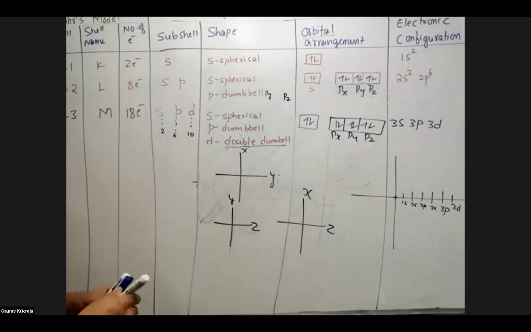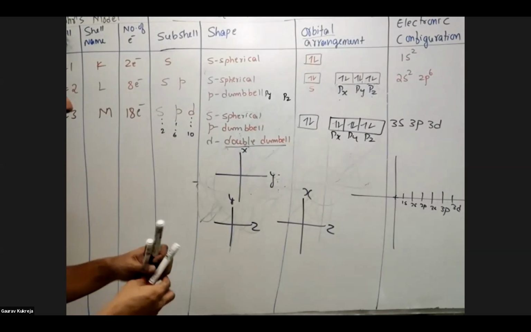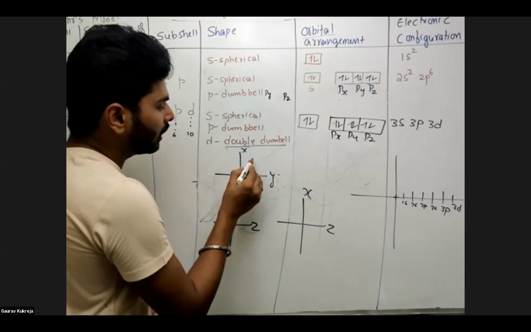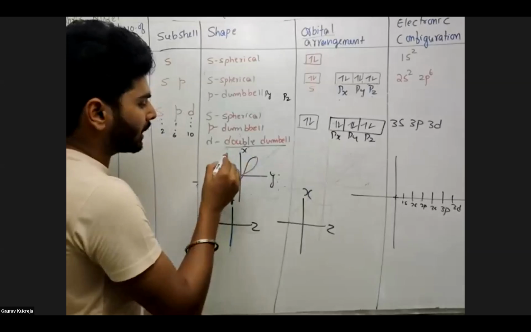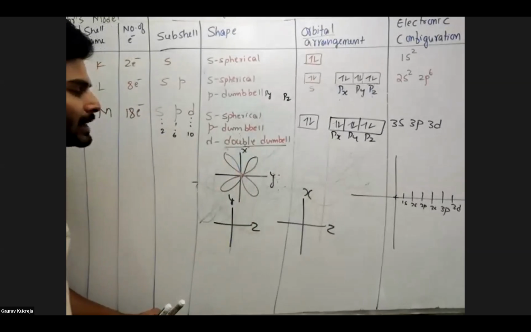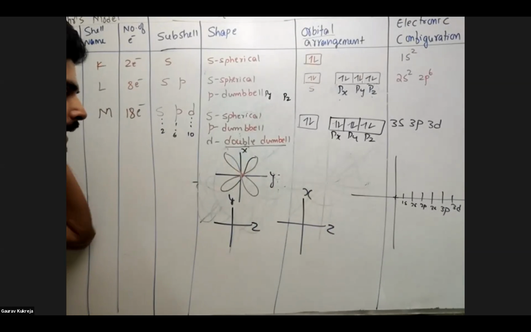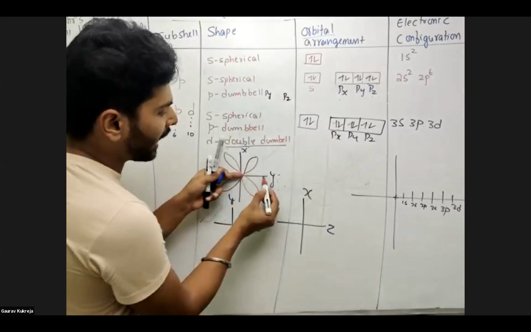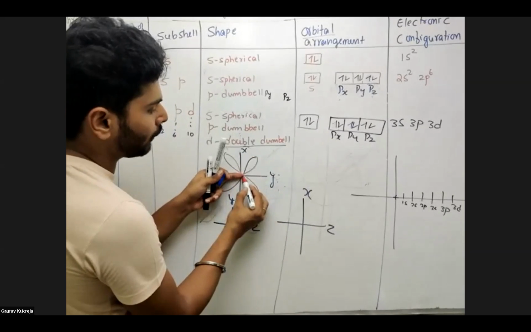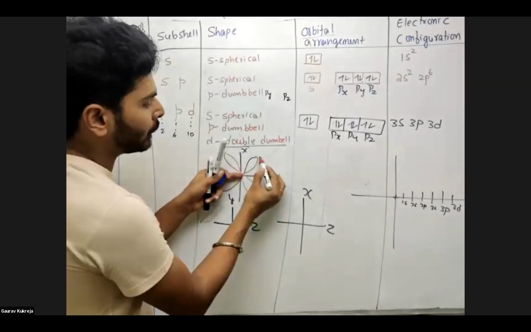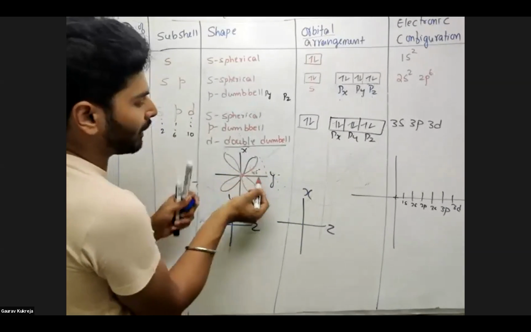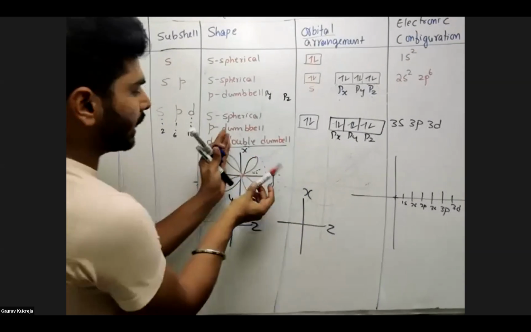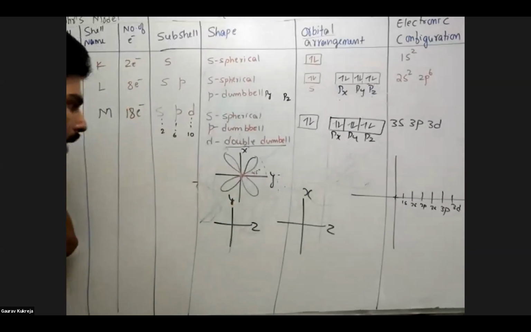Now what you have to understand, double dumbbell has to be placed like this along the plane but opposite quadrants. So there are two dumbbells you can see, that's why it is called as double dumbbell. They are 45 degree away from the axis. So यहाँ से भी 45, यहाँ से भी 45. आपको पता है ये 90 degree है तो उसका आधा 45 होगा.